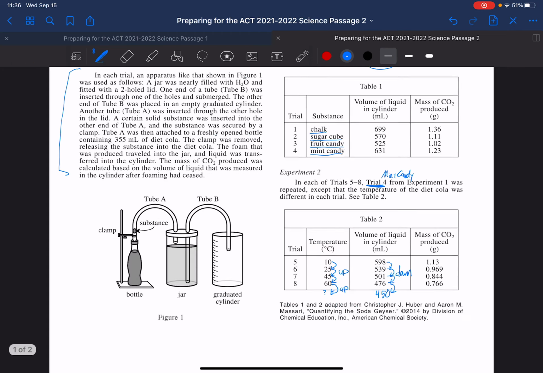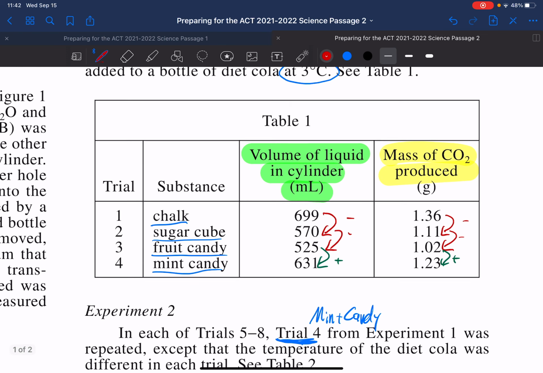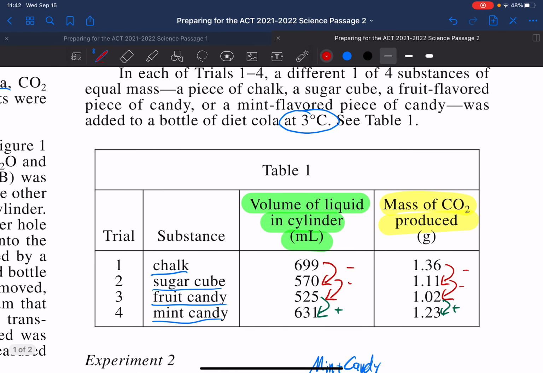But here's what you've got to do. You have to go back up here and say, wait a minute, these experiments were conducted at a temperature. And what temperature was that? It was at 3 degrees. It's up here. And so that means all 4 of these count towards our total. So all of the first 4 and then one of the last ones. So that's why the answer is letter H.